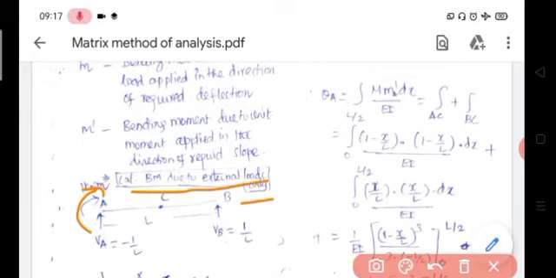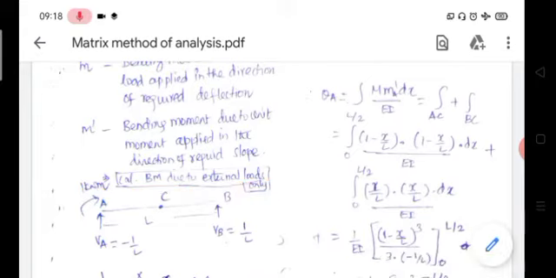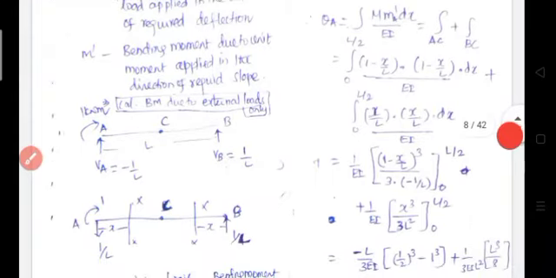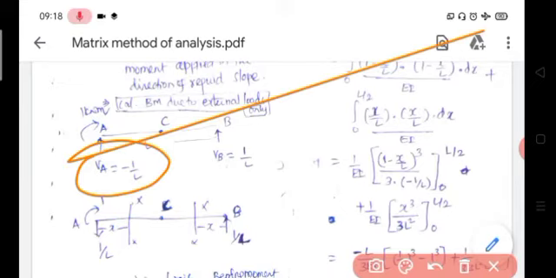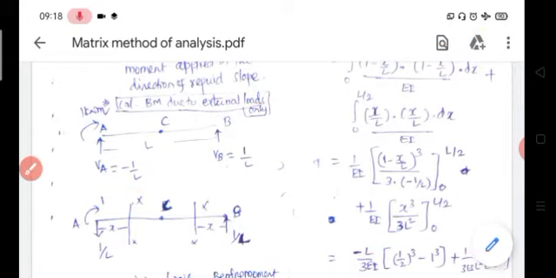So we apply a unit moment as the external force at support A. Then apply the equilibrium equations to determine the support reactions: summation of moment about A equal to 0, summation of V equal to 0, and summation of H equal to 0. Finally we get Va equal to minus 1 by L, Vb equal to plus 1 by L.